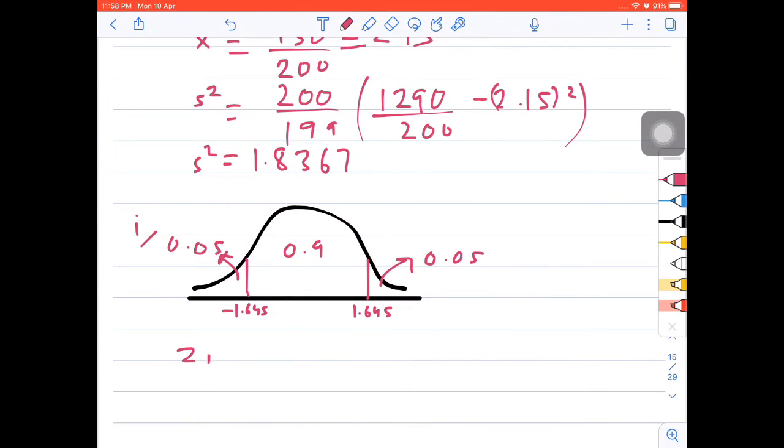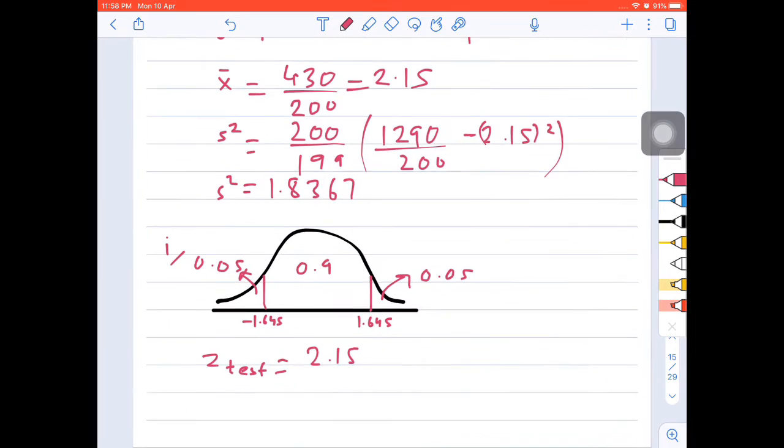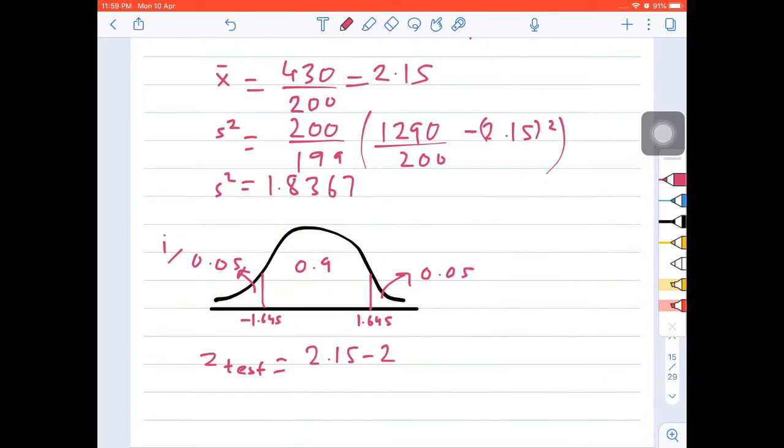Now we get the z-test value from the sample data. So x bar is 2.15, mu is 2.0, upon the deviation 1.8367, deviation upon the root of the sample size.